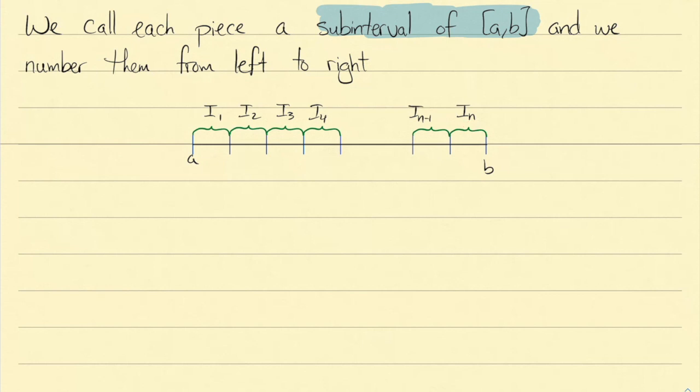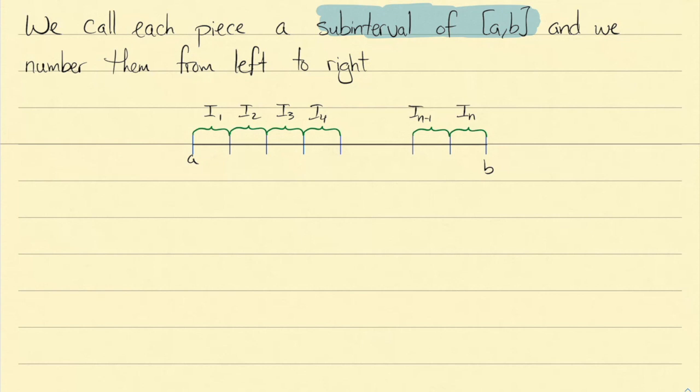Now, since each one of these is actually an interval, our intervals have to be specified by endpoints. So we're going to label these points from left to right with a numbering. The first point is going to be x0, and that is a.